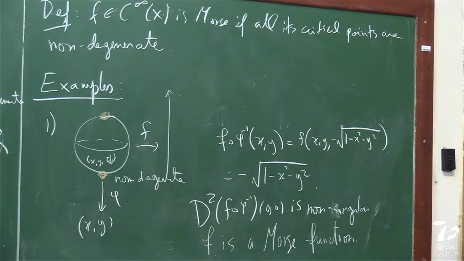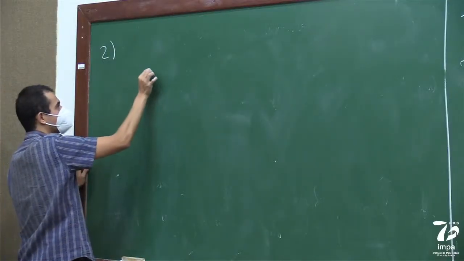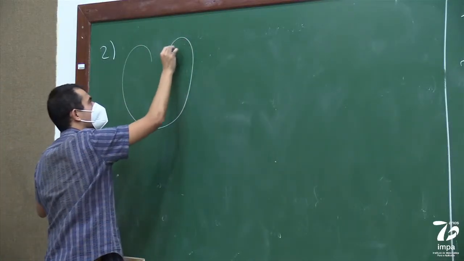Another Morse function that's a little more interesting: if you consider other embeddings into R3, then you can have more interesting Morse functions. Another very famous one is what's called the heart-shaped Morse function, where you embed your surface like this.